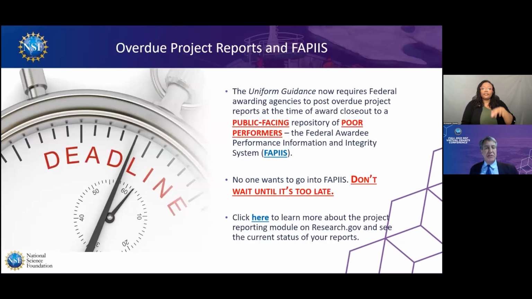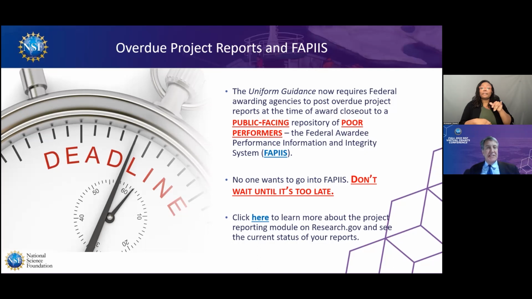Okay, FAPIS, which is the Federal Awardee Performance Integrity and Information System. FAPIS is a fairly new requirement that OMB put on all federal agencies via the uniform guidance.